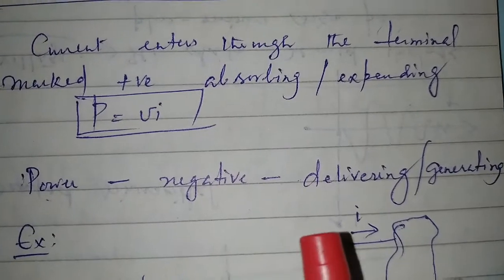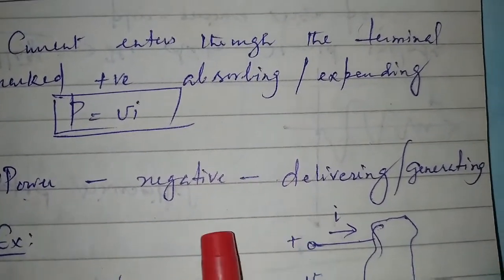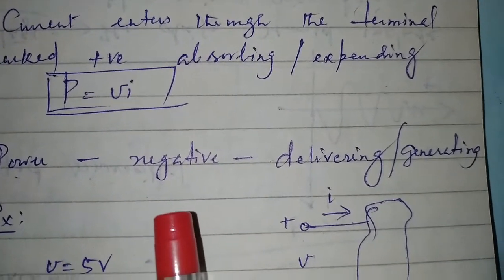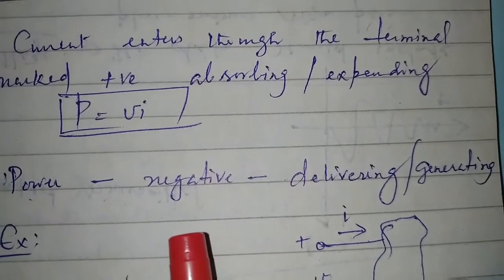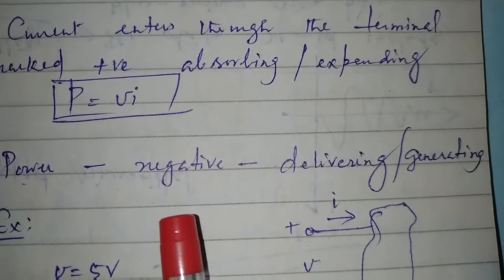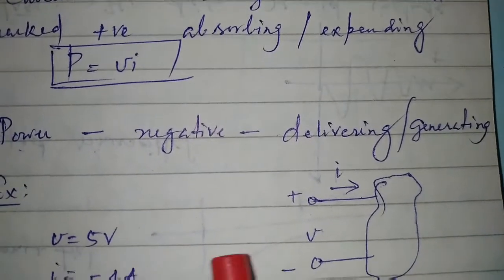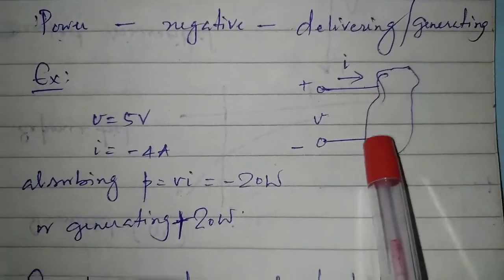So, if you change the sign, absorbed power will become delivered power. Delivered power will become absorbed power. We'll see an example. An element is here.